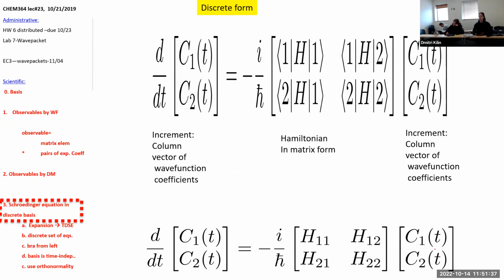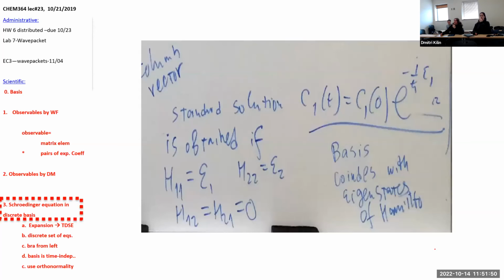And we arrive where we need to be. To see how the expansion coefficients C1, C2 evolve over time, we need matrix elements and the coefficients themselves. H11, H22 are just energies. If there is no light, then H12 and H21 are zeros. So it is what we got.